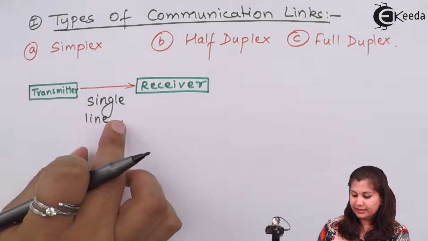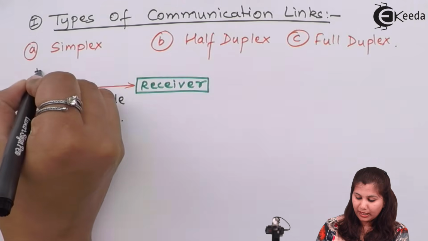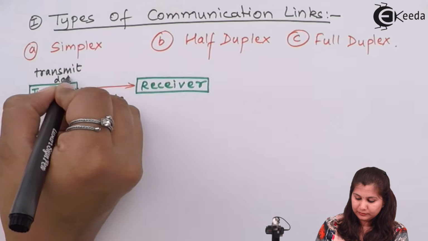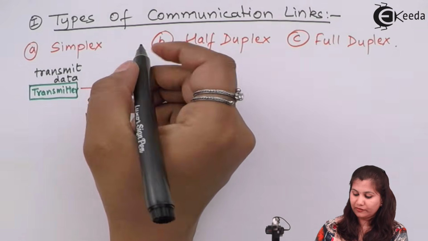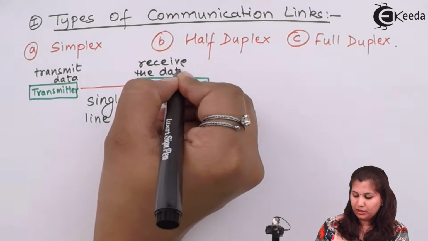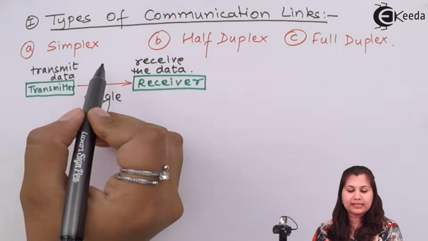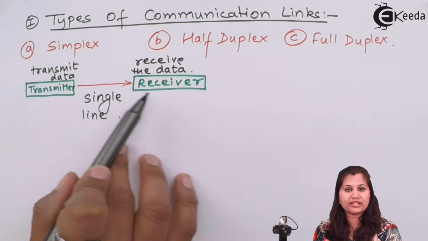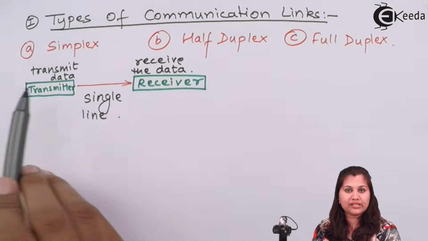The transmitter is sending the data, and the receiver is receiving the data. So in simplex the transmitter is always transmitting and the receiver is always receiving. No back command is generated.